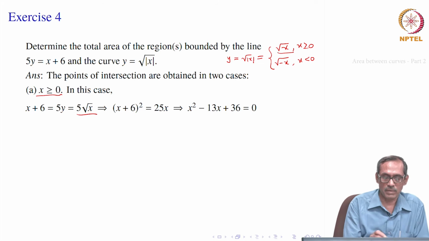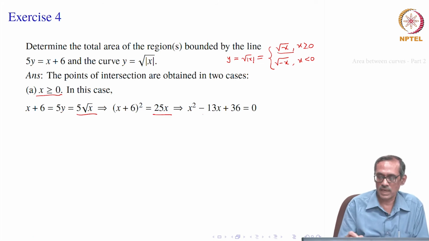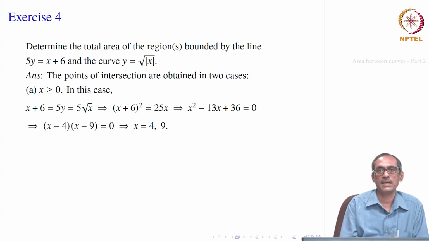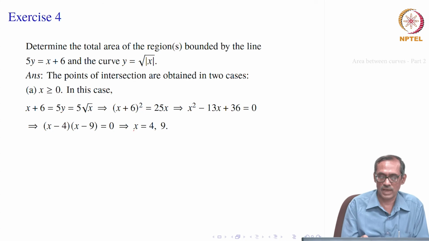Eliminating y, we get x plus 6 whole square equal to 25x, that gives x square plus 12x plus 36 minus 25x, so x square minus 13x plus 36 equal to 0. If you factorize, that gives x minus 4 into x minus 9 equal to 0.